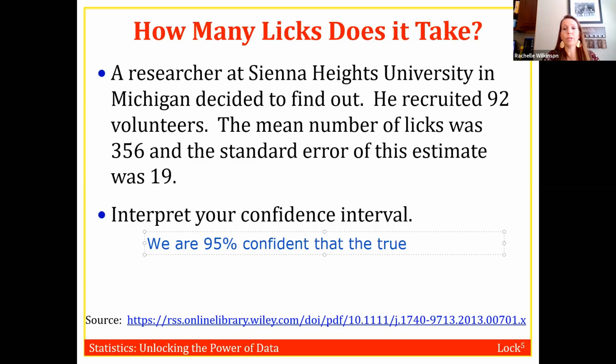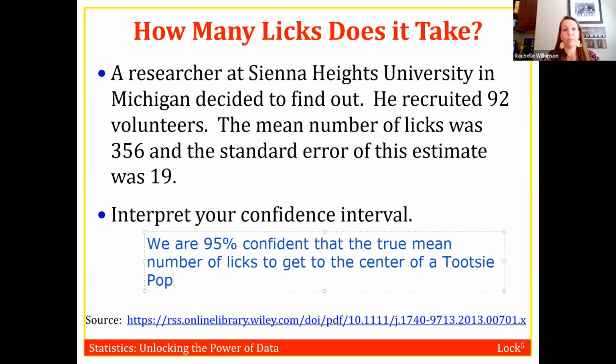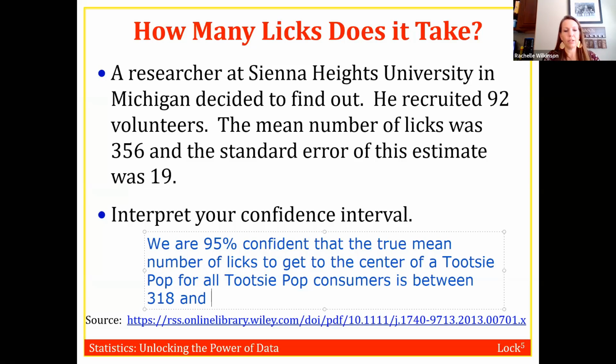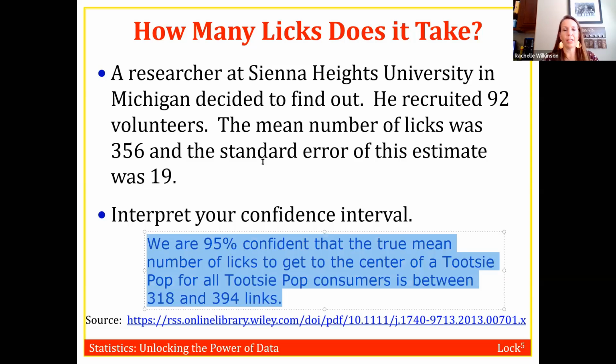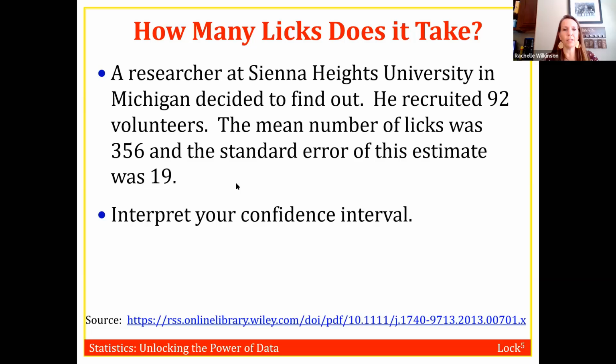So the true mean number of licks to get to the center of a Tootsie Pop for all Tootsie Pop consumers is between 318 and 394. These were measured in licks, so you can add the units on there, makes it sound better. All right, so that's basically how we're going to construct our confidence intervals.